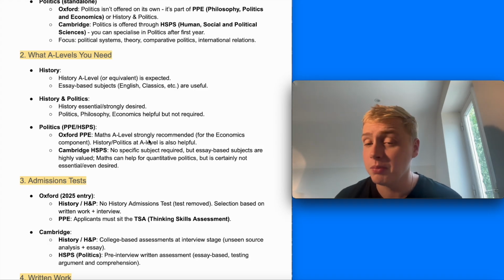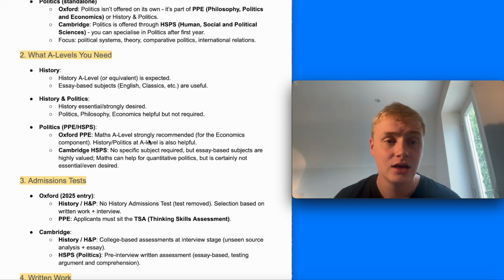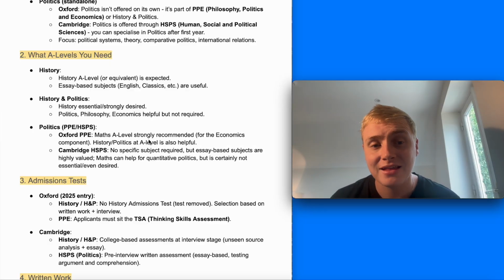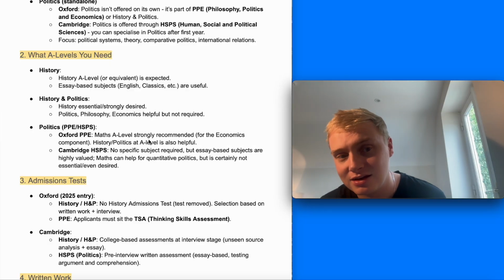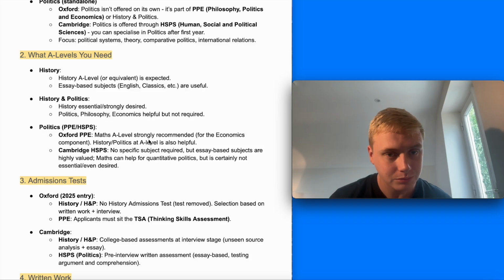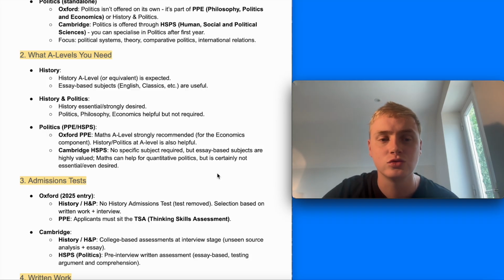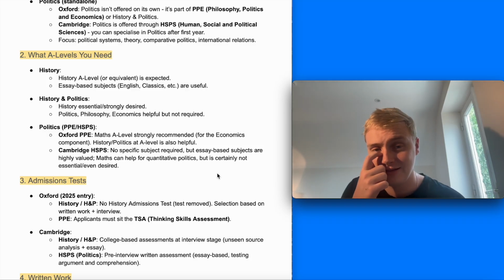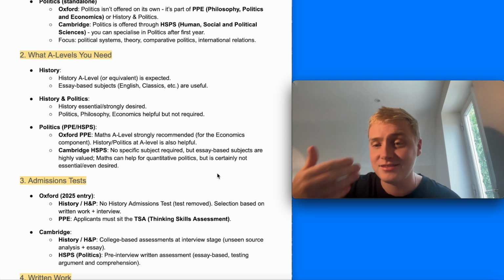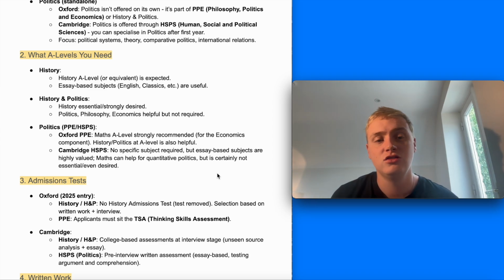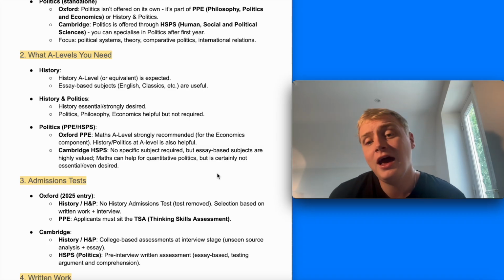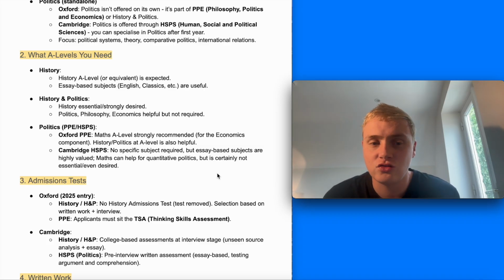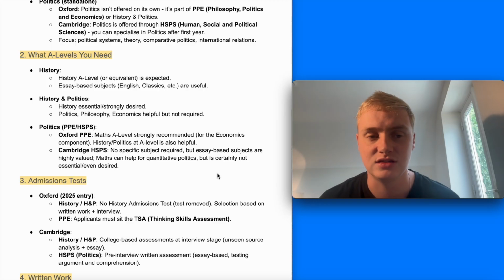And in terms of these politics degrees, PPE or HSPS, for Oxford PPE, maths A level is strongly recommended because of the economics aspect of it, and a history or politics A level is also very helpful. For Cambridge HSPS, there's no specific subject required, but essay-based subjects like history, politics, and sociology are highly valued. Maths can help a bit, but certainly isn't essential or necessarily desired.